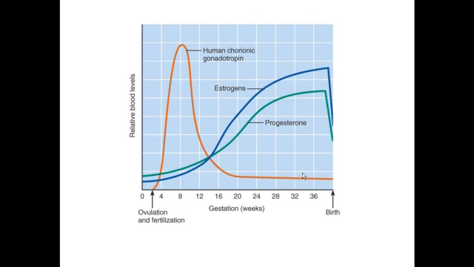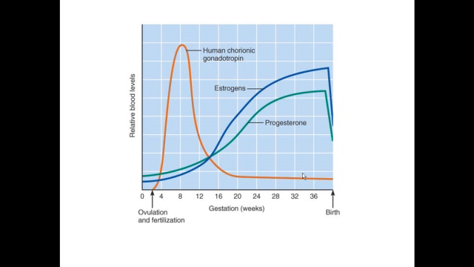And you can see here they have the progesterone and estrogen on this graph, and you can see that once the HCG peaks, slowly we see estrogens and progesterones increasing. And so there's an area in the ovary called the corpus luteum, and that's what's releasing these.